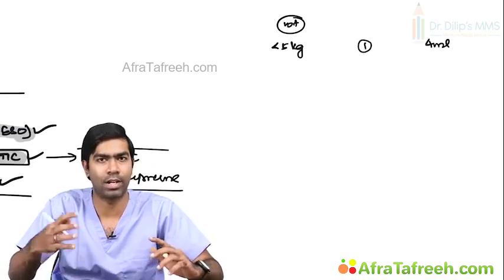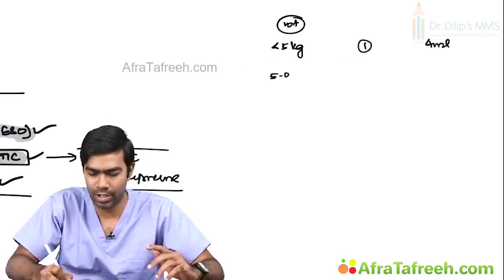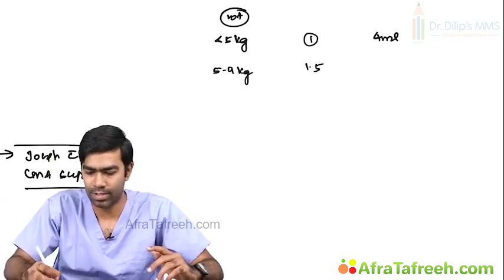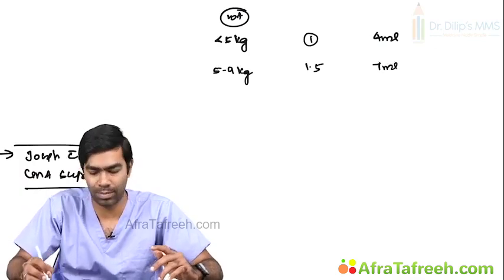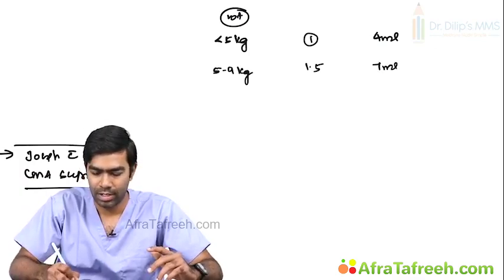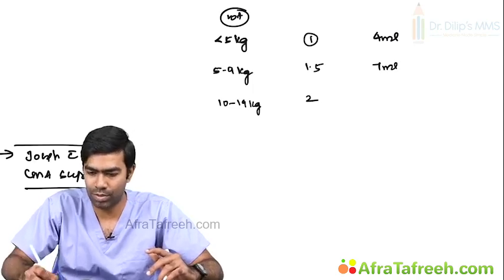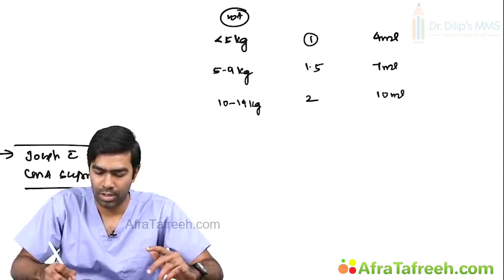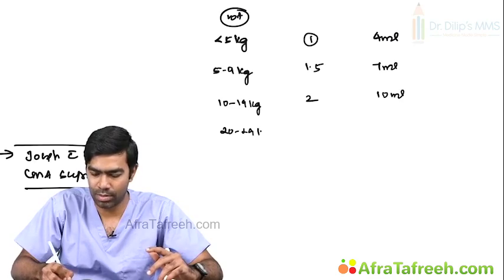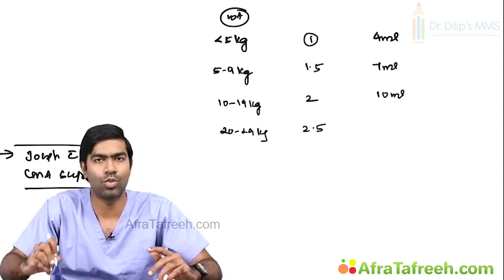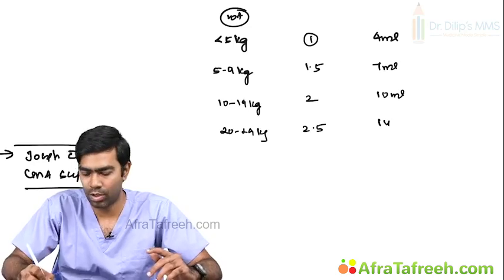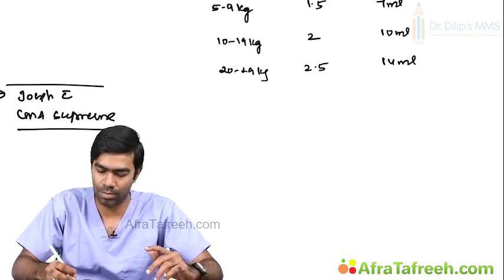If it is 5 to 9 kg, you choose size 1.5, which can hold a cuff volume of approximately 7 ml. Then 10 to 19 kg children, you select size 2, which can hold a cuff volume of 10 ml. And 20 to 29 kg, size 2.5, holds a maximum cuff volume of 14 ml.